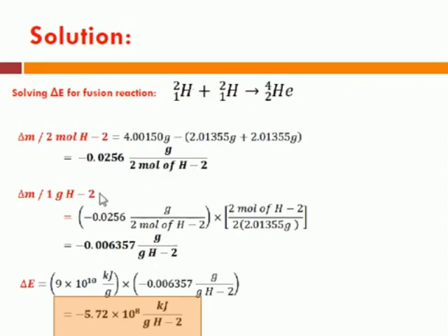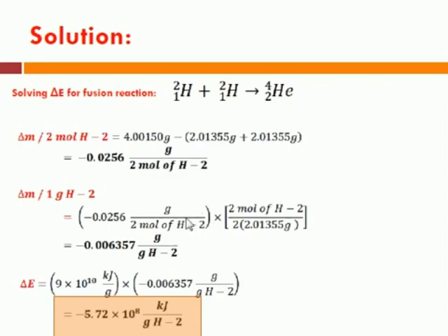So, solving for delta M for 1 gram of H2, we have negative 0.0256 gram per 2 moles. To cancel out the 2 moles here, for 1 mole we have 2.01355 grams, so for 2 moles, multiply by 2. So the 2 moles will be cancelled out.